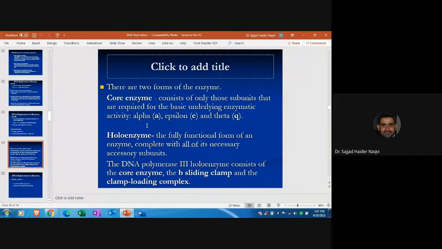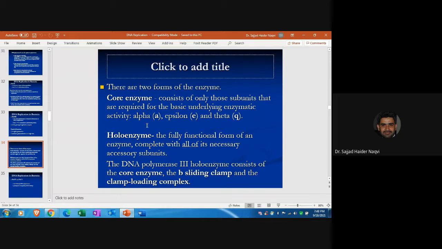Now, we have gone through DNA polymerase 1, 2, and 3 in detail, and we also have seen their differences. Going further, the enzymes have got two parts which we need to understand, and you have already studied this in your 312. The two forms of the enzymes are core enzyme and holo enzyme. Now, what's the function? The core enzyme is actually the one that consists of the subunits that are required for the basic enzyme activity.